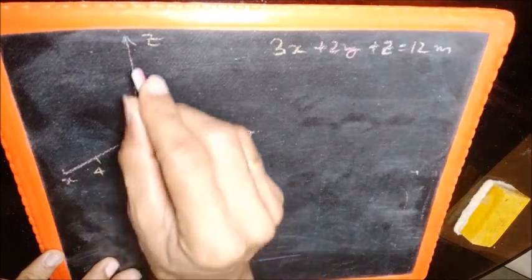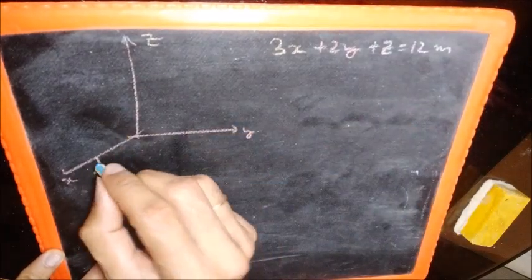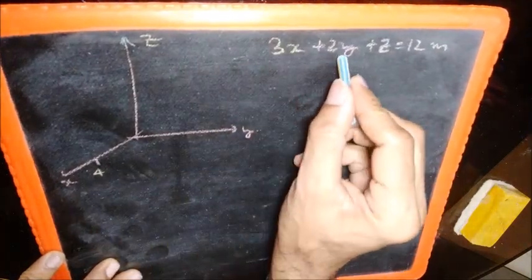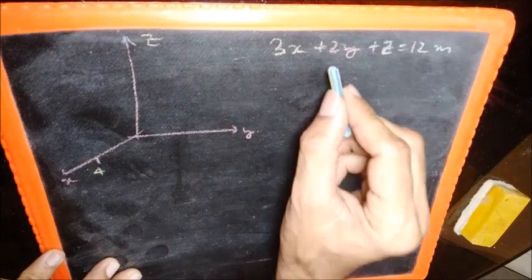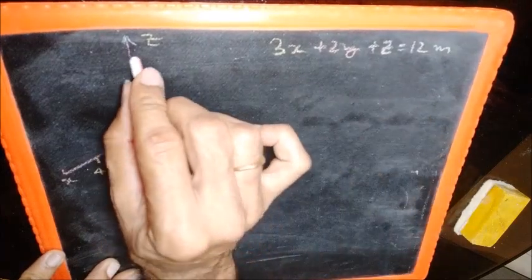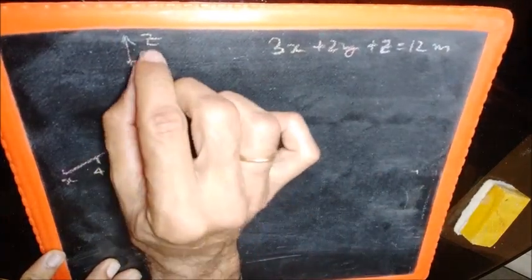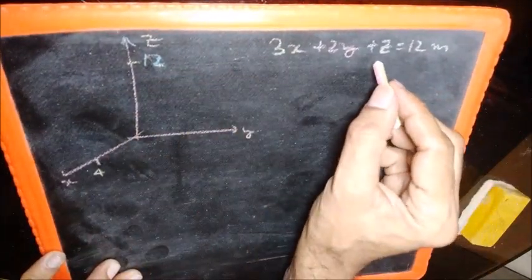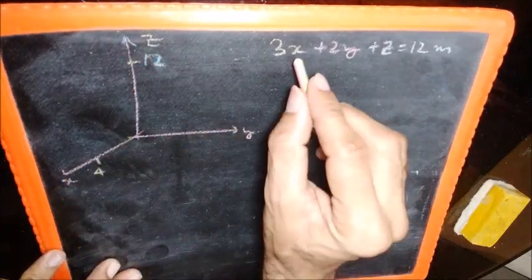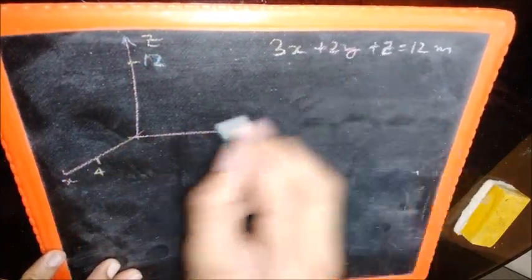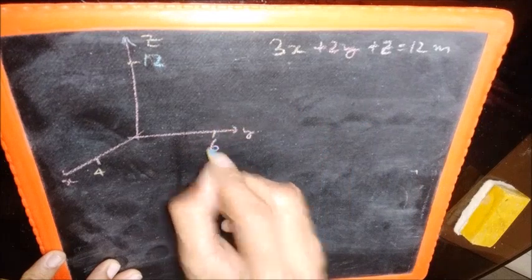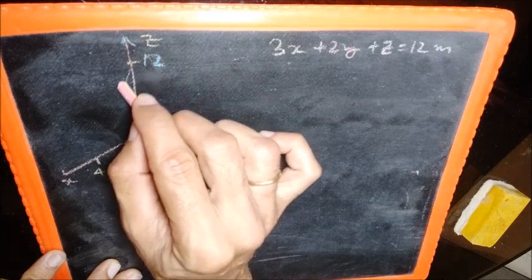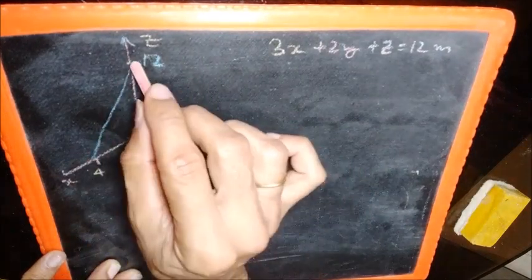The x-axis intercept of the plane is 4. Similarly, when x and y is 0, z is equal to 12 meters. Everything is in meters; I am not writing it down explicitly. 4 meters and 12 meters. Similarly, when z and x is 0, y is 6.